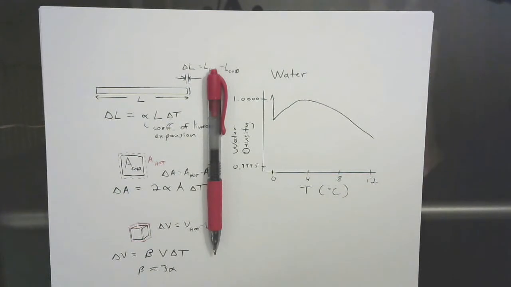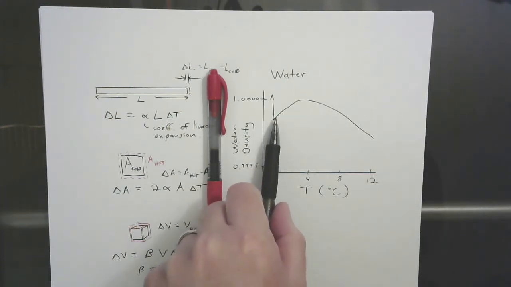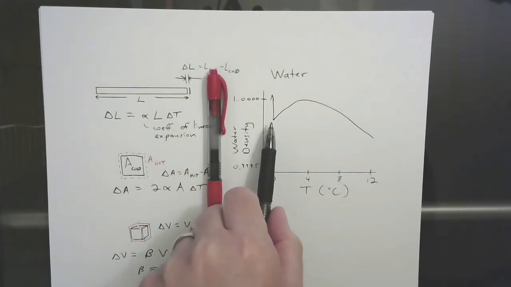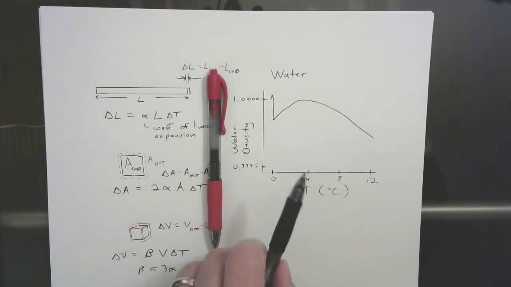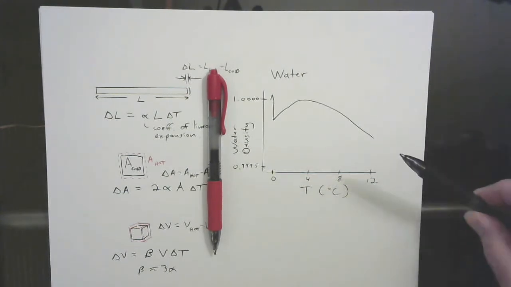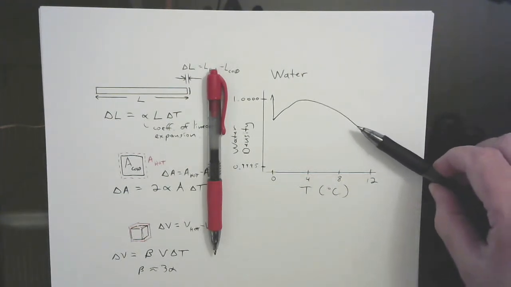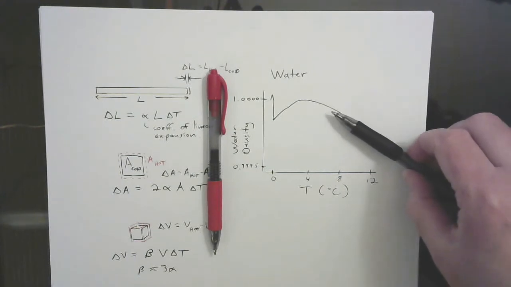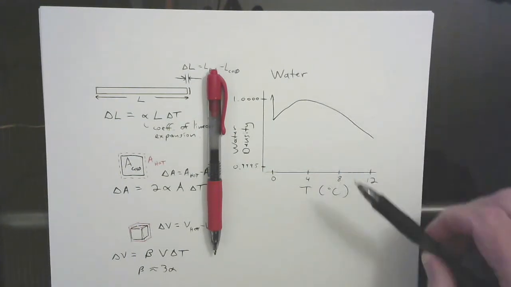So when winter hits, suppose you had a lake, and then winter comes, and then the top freezes, but ice is less dense, so ice floats. So that goes to the top of the lake. So then the rest of the lake will try to come into equilibrium with that. So the rest of the lake will cool down. So as it cools down, it reaches this interesting 4 degrees Celsius mark.